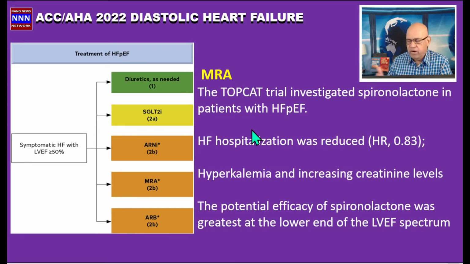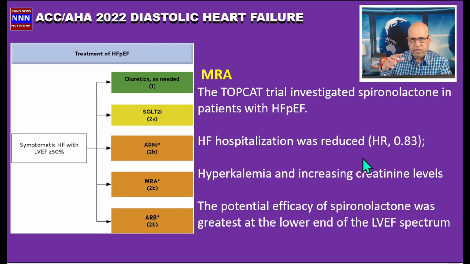Now let's talk about the mineralocorticoid receptor blockers, namely aldactone or eplerenone. Again, this showed reduction in hospitalization. All these 3 drugs have shown reduction in hospitalizations to a tune of 15 to 17%. Again, we had the same issue with hyperkalemia and increasing creatinine levels.